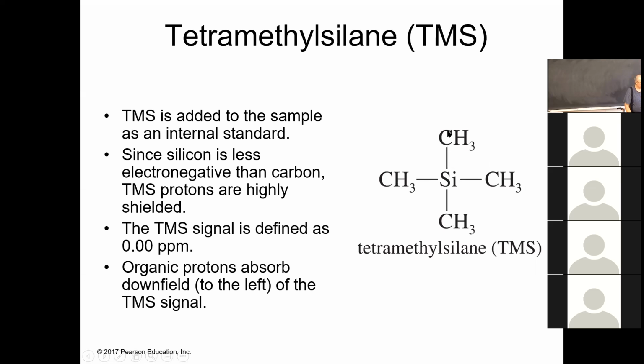Carbon is more electronegative than silicon, so it's pulling electrons away from the silicon, which will produce a high electron density around these hydrogens. All 12 of these are equivalent. Tetramethylsilane is chemically inert. It's volatile. It's easily removed from the sample.